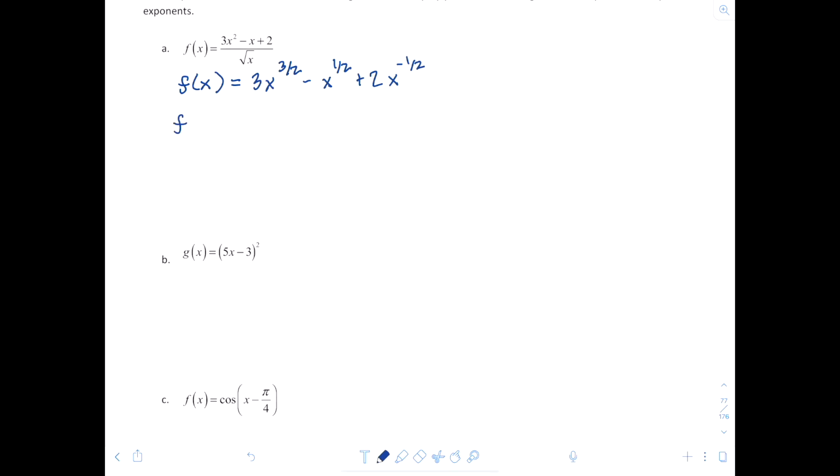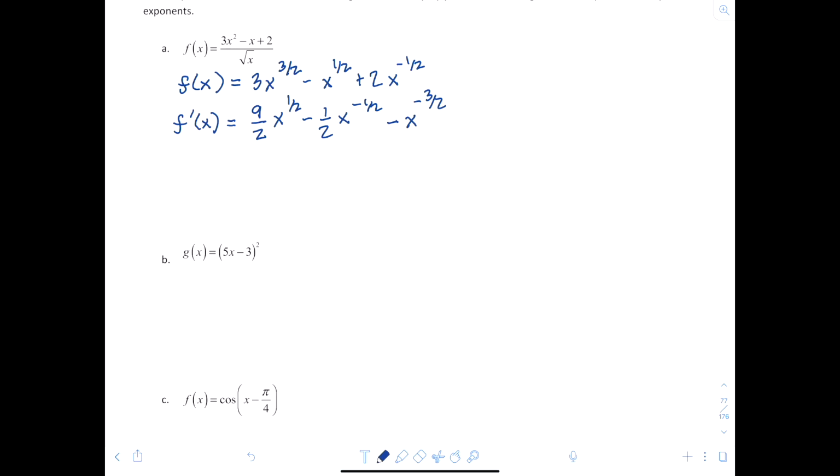So now differentiating, we'll get f prime at x is equal to 9/2 x to the 1/2 minus 1/2 x to the negative 1/2, and then minus 1 x to the negative 3/2.